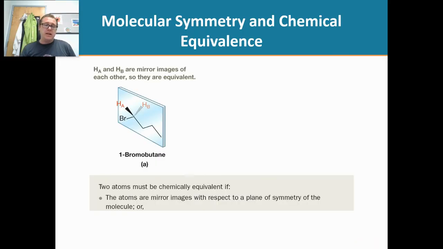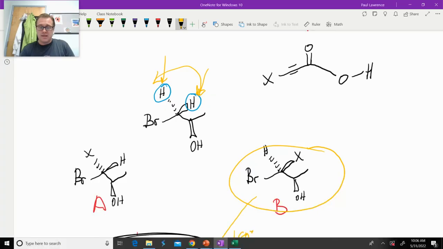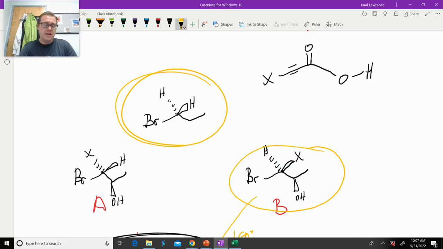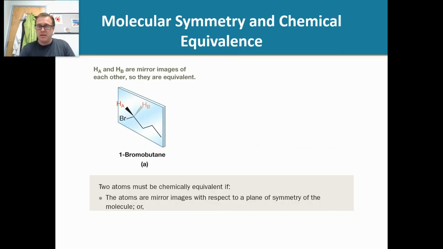Okay. Now, the next trick that you can use is molecular symmetry. So this molecule that I'm showing right here on the slide is the same molecule that we've been working with previously. It's this guy. Let's clean this up a bit. Okay. So this molecule right here is the exact same molecule on the slide.